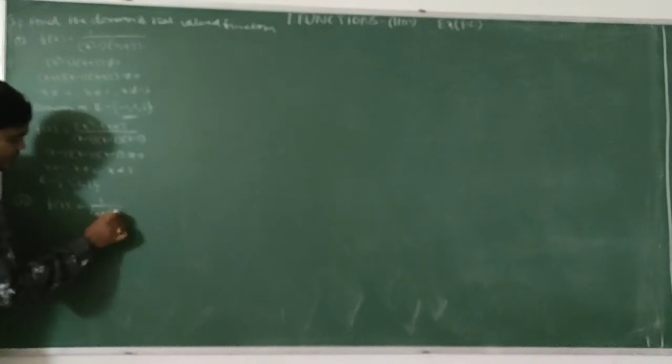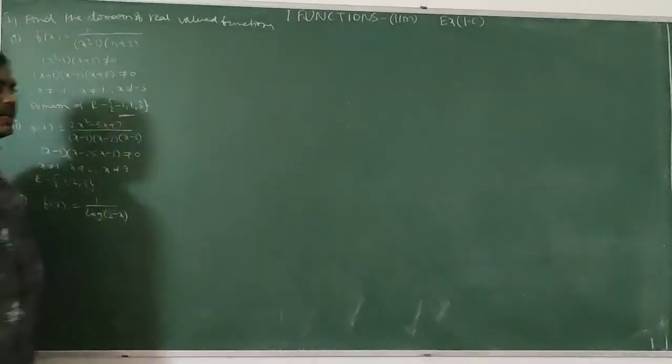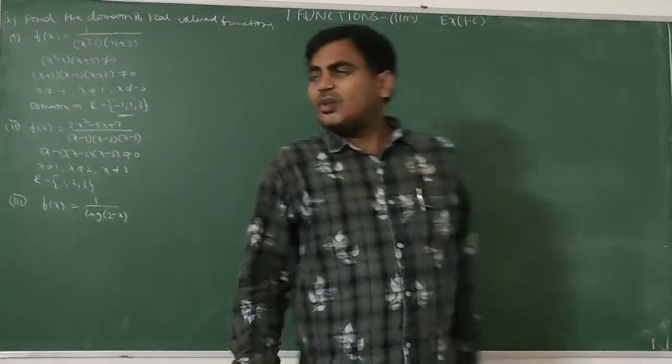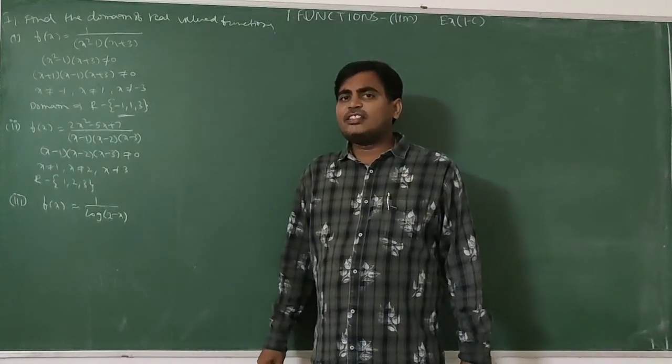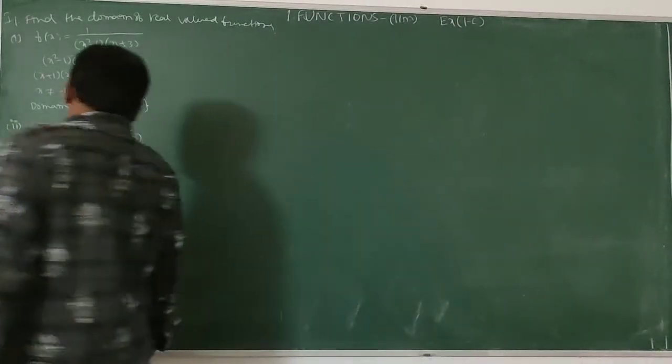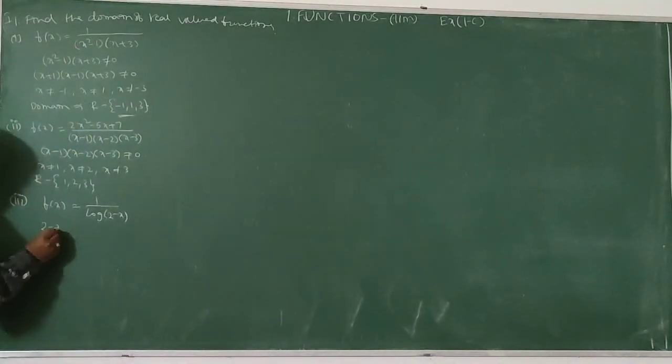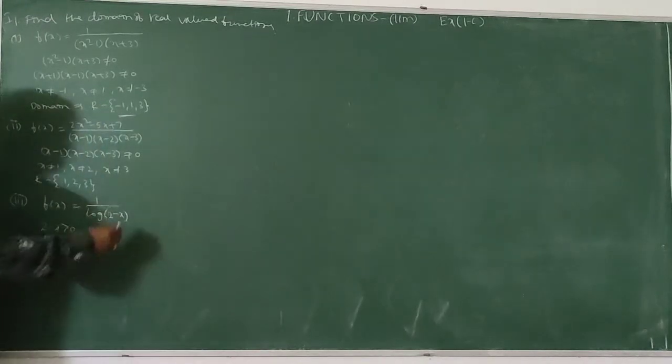Next, third. f of x equal to 1 by logarithm of (2 minus x). Logarithm exists for positive values, so 2 minus x greater than 0. And log 1 equal to 0, the denominator won't be 0.